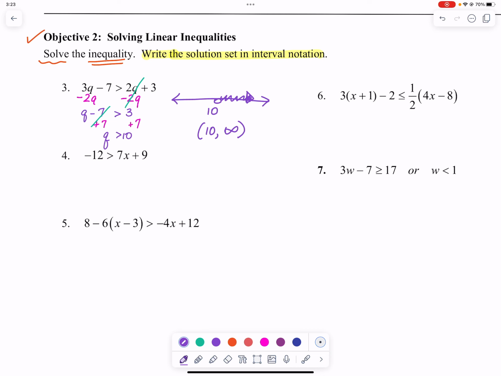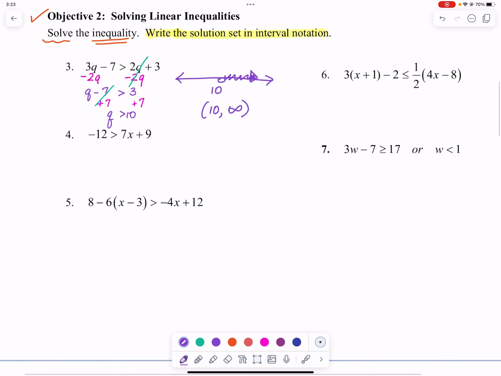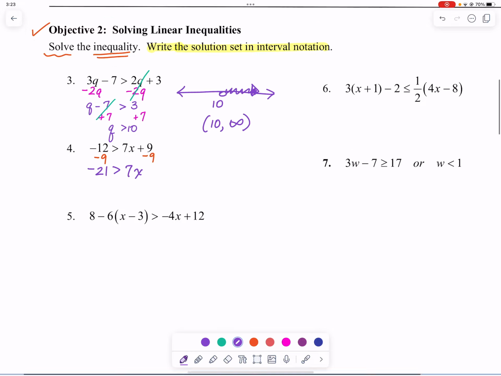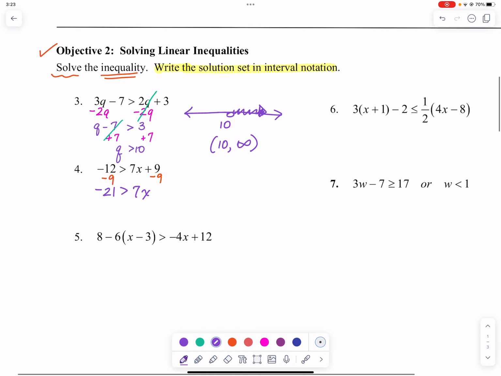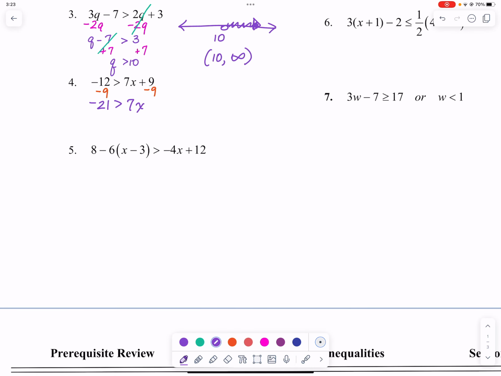Okay, let's go on to number 4, and here we are going to subtract 9 from both sides, and we have 7x on the right side and a -21 on the left. Now we will divide both sides by 7, and we have x is less than -3.